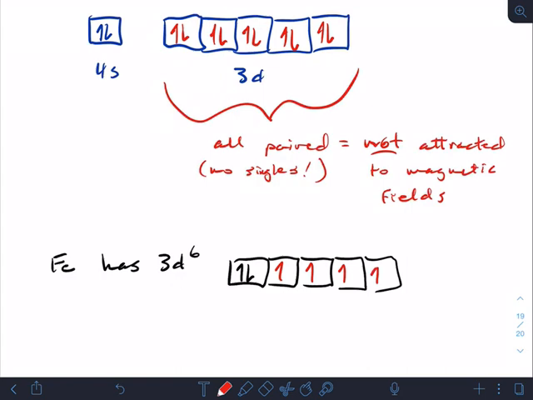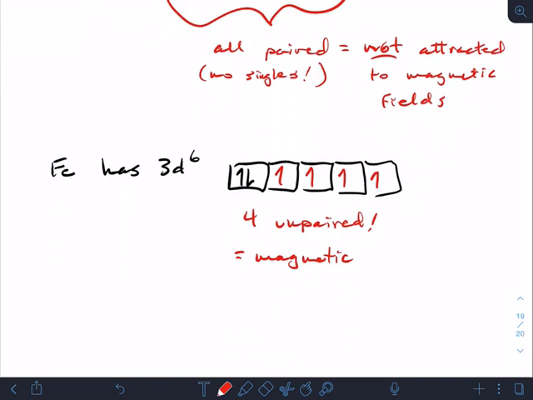So it's going to have four unpaired electrons. That makes it definitely magnetic. Specifically, iron is paramagnetic because it has unpaired electrons.